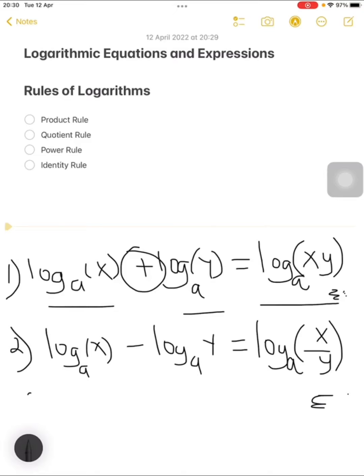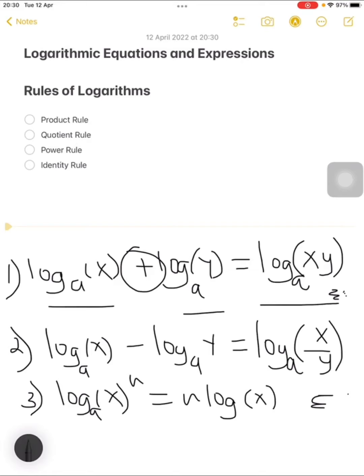Rule number 3 is the power rule. For the power rule, we have log of x power n base a. This is the same as this: the power, we can bring to the front, and then we have n log of x base a. Number 4 is the identity.